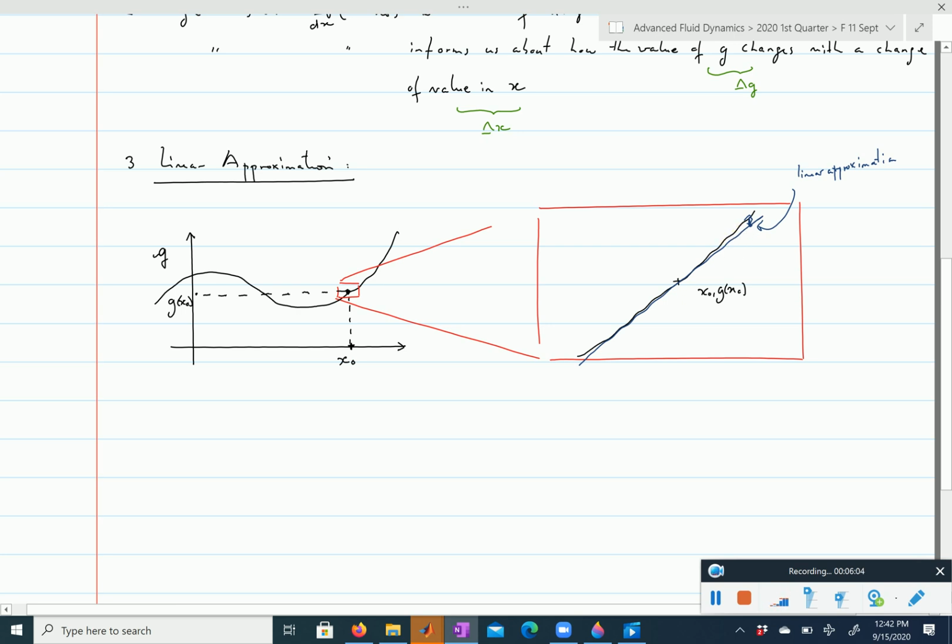And the value of this linear approximation you get from a Taylor expansion, from which you know the value of g at a point in the neighborhood of your point x0.